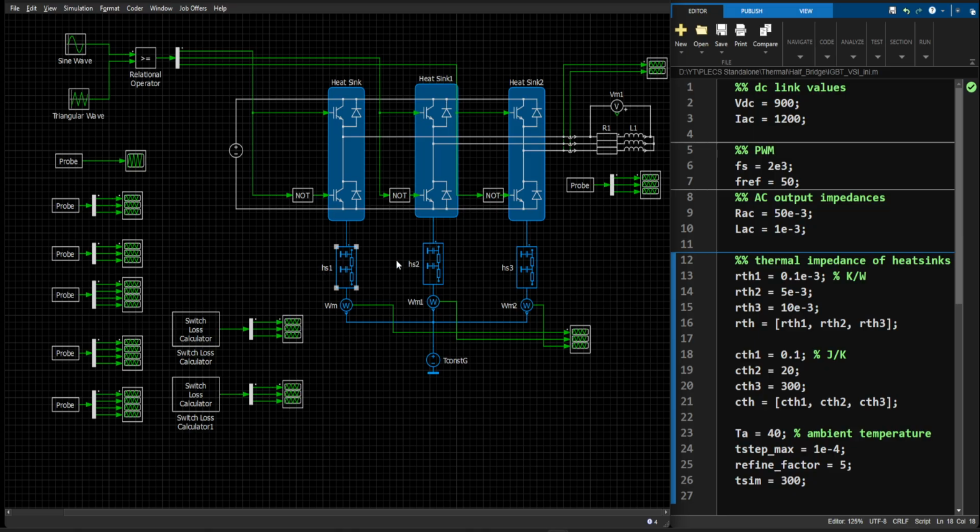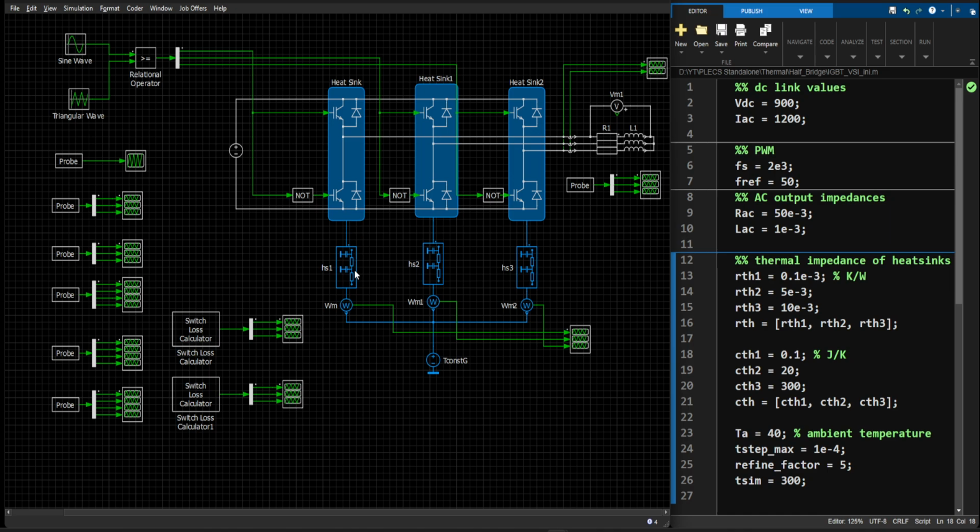So you see, we have 3 IGBT modules with integrated heatsink impedances here. It might be a little confusing that I have the heatsink here over the module itself, and I have the thermal chain described externally. This is how PLECS works.